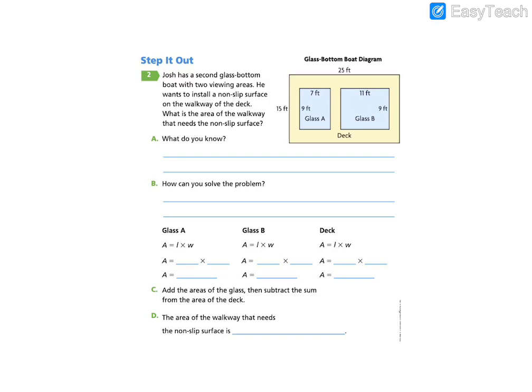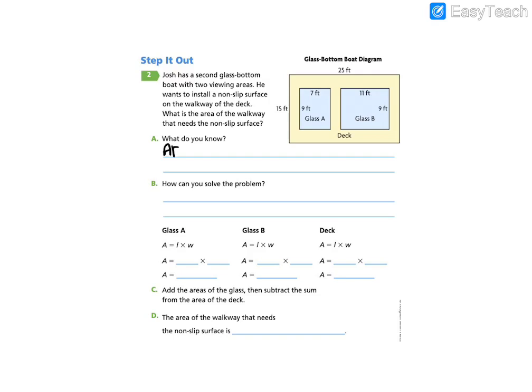Josh has a second glass bottom boat with 2 viewing areas this time. He still wants to install that non-slip surface on the walkway of the deck. What's the area of the walkway that needs the non-slip surface? Very similar to the previous problem, except now there's 2 separate glass sections.